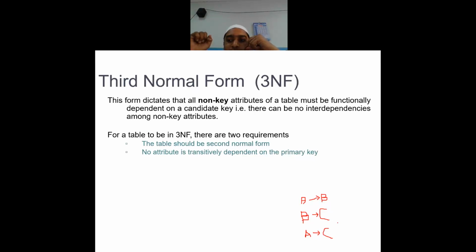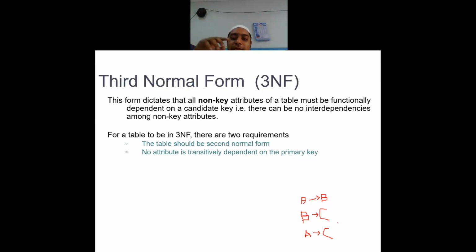How many of you remember it? Or am I correct? Right? So if we recollect back, I'm telling that A gives B, B gives C, thereby A gives C.